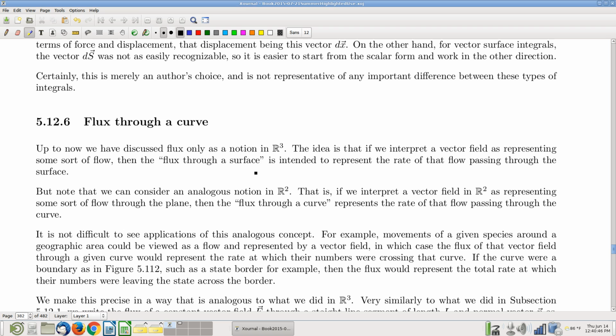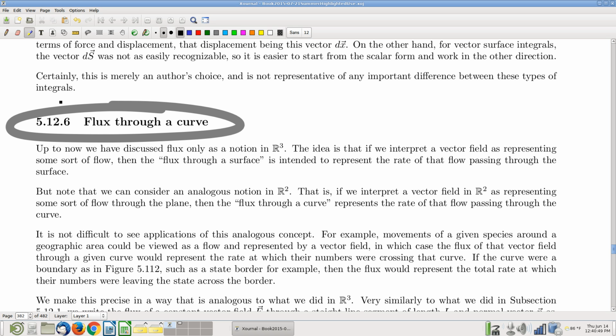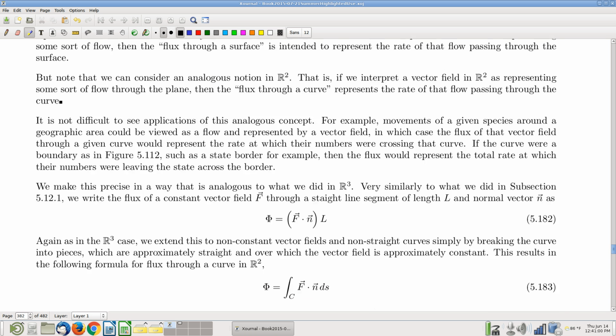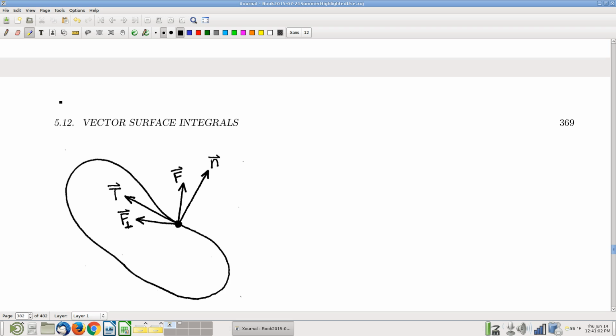We talked about flux through a surface. Next idea is flux through a curve. This is a very, very similar idea. Instead of having a surface through which a three-dimensional fluid is flowing, if you have just a curve, this is just a curve in the plane, you could reasonably ask if you had a two-dimensional fluid flowing in some way, how much two-dimensional fluid is flowing through this one-dimensional curve.